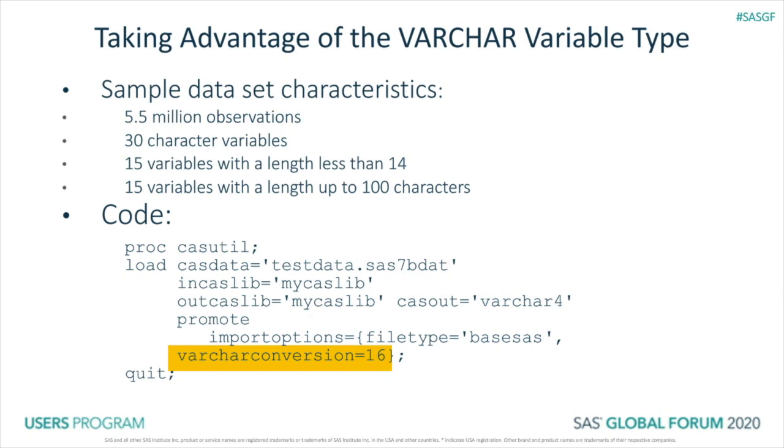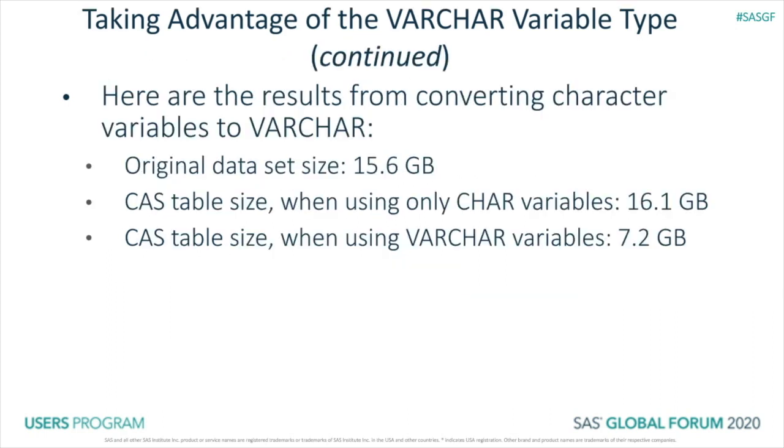We can make this happen by using the VARCHAR conversion equals option within CASUTIL. So to make only variables with a length of 16 characters or greater converted to VARCHAR, we set the VARCHAR conversion equals option to 16.